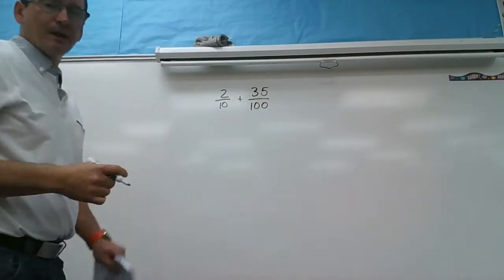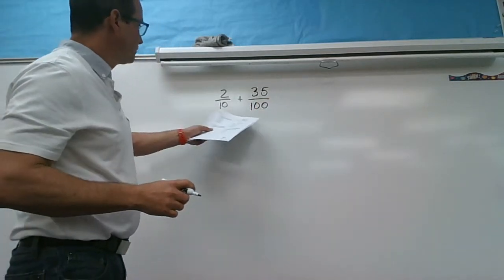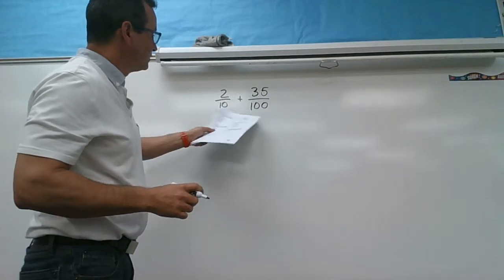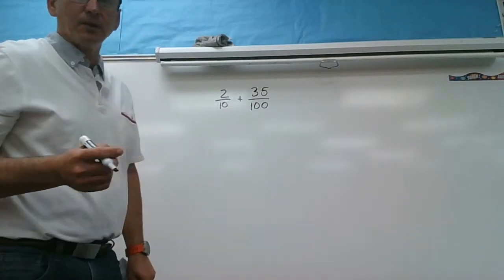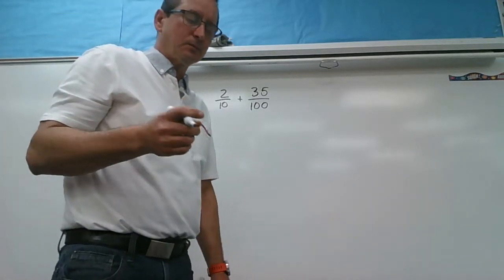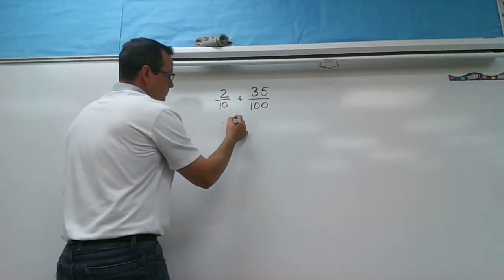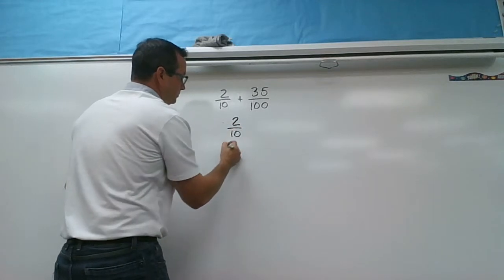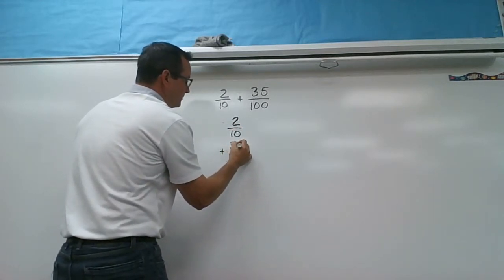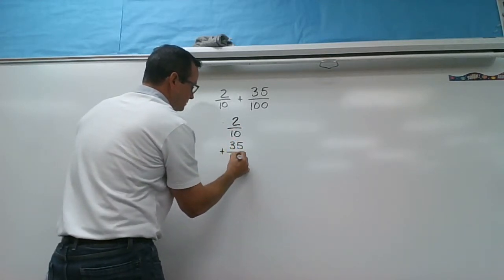Okay. Now we have two fractions with two different denominators. So we have to convert the fraction to have a common denominator. So we take 2/10 plus 35/100.